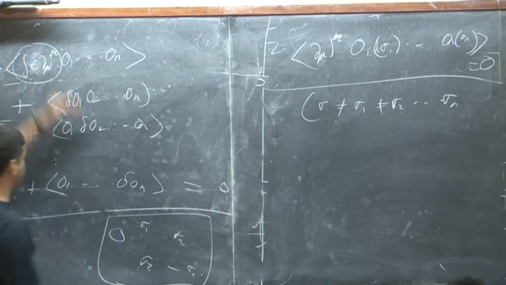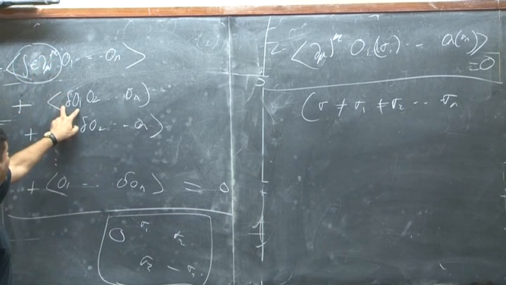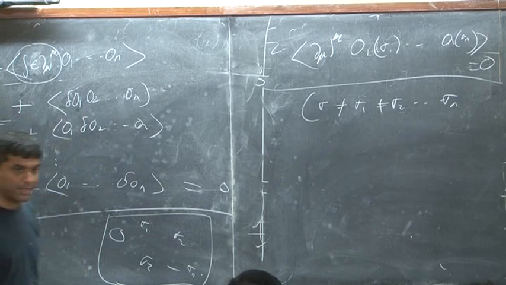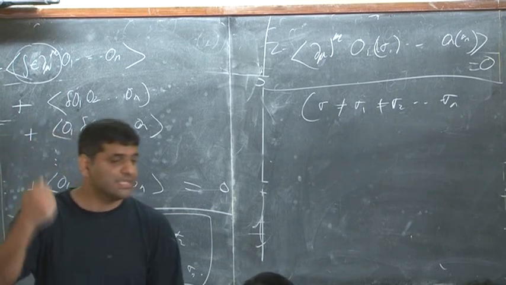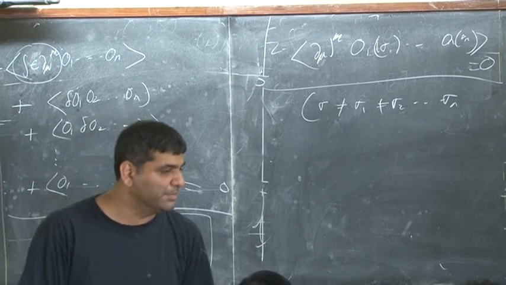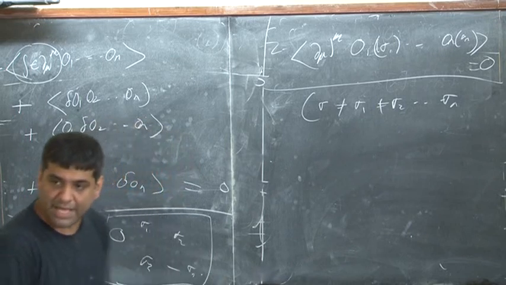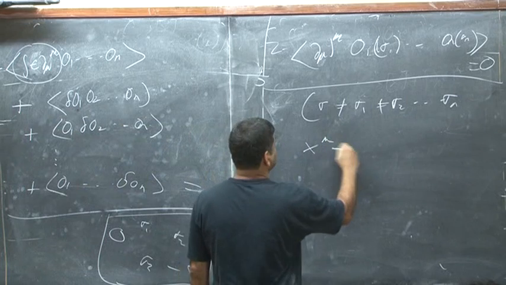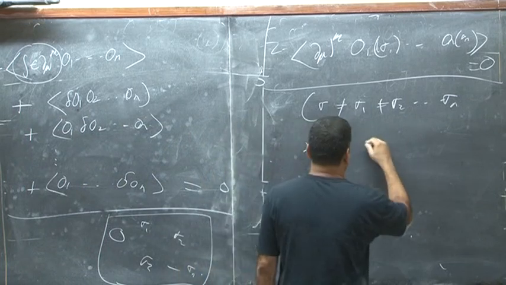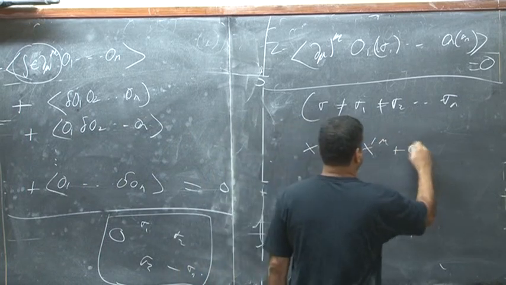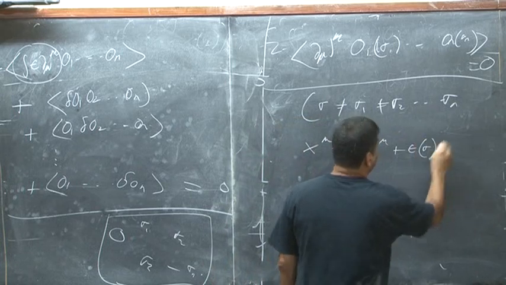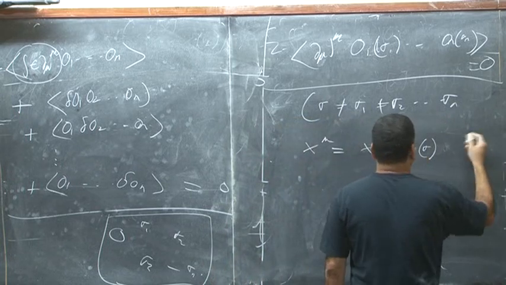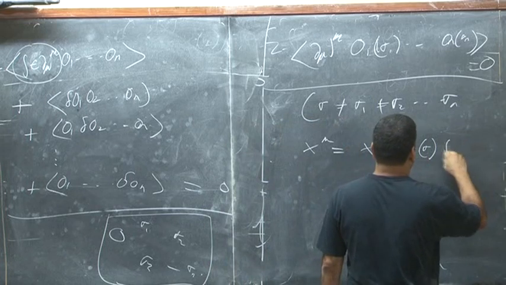This was our equation. Now, delta O of 1 was the change in the insertion because of our change in variables. Our change in variables was x mu equals x prime mu plus epsilon of sigma times some f of x.